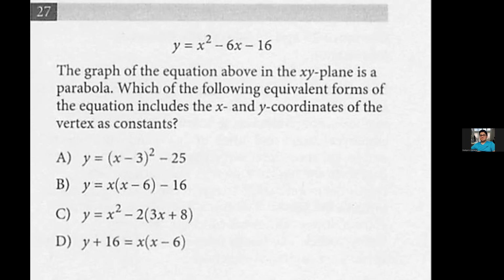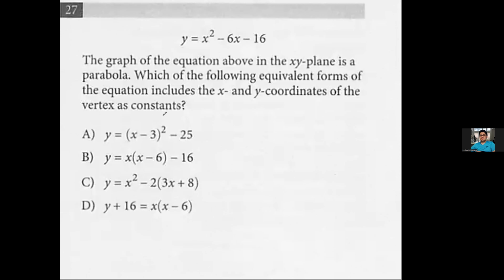Okay, so for question 27, we're given a graph. We're asked to find which of the following has the x and y coordinates of the vertex as convex. Basically, what it's asking is to convert this equation form into vertex form.